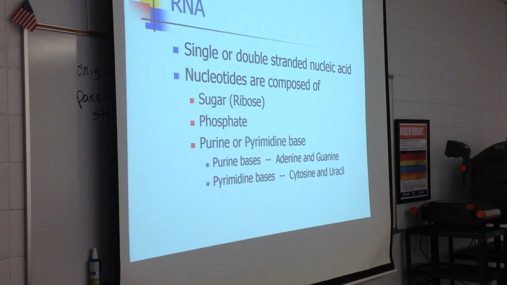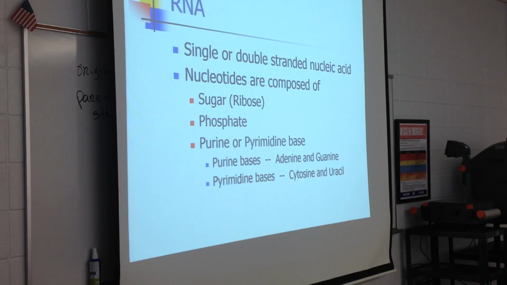Ribonucleic acid. That's right. So in this case, what is the sugar that you find in an RNA nucleotide? Ribose. Yes. And we also have phosphate again. And then we have the bases, and we have either purine or pyrimidine bases.